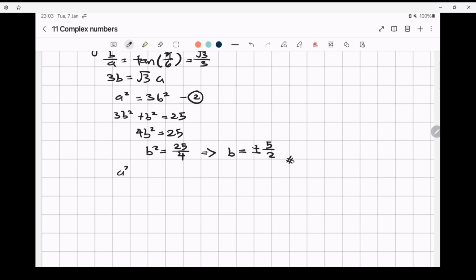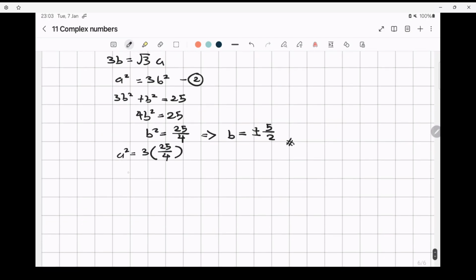So a squared equals 3 times 25 over 4. So the square root of a will be plus or minus 5 over 2 times square root 3.